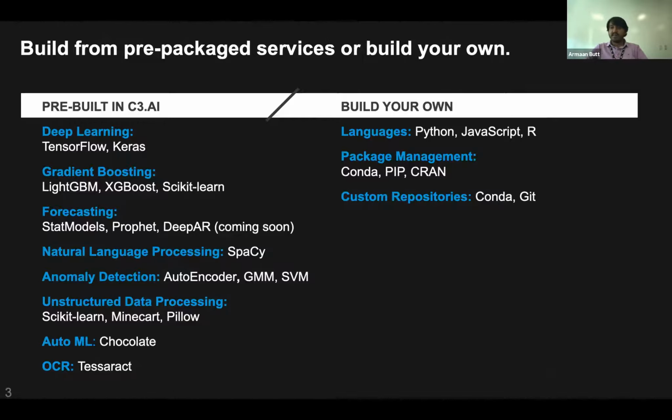It's very easy for us to be able to build the ML pipelines as part of the platform. And likewise, we support a whole host of repositories, even custom repositories, where you'd be able to pull in that library onto the platform and then encapsulate it into an ML pipeline.